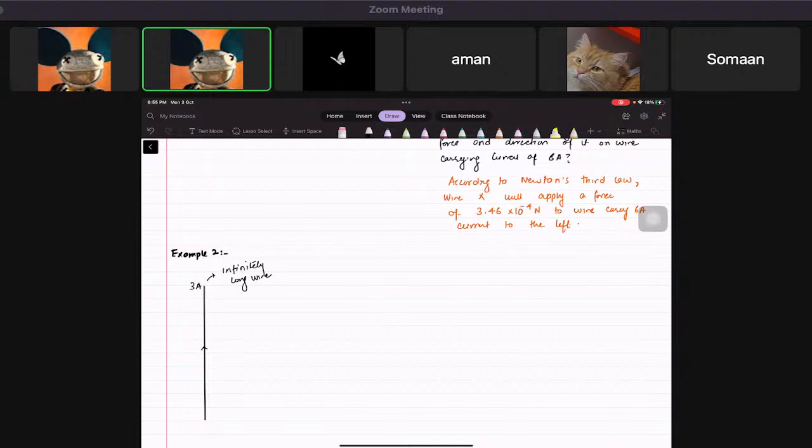And there's another wire which is not infinitely long, and this wire is carrying the current in the opposite direction, of 4.8 amperes.